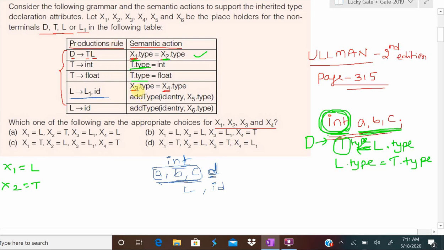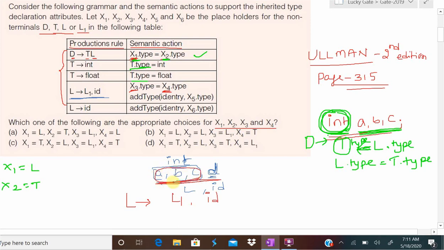So what can you expect x3 and x4 to be? Now we have to specify the type of D, what is x3 and what is x4. This declaration is somewhat similar to L tends to L1 comma ID. What is the type of ABC?